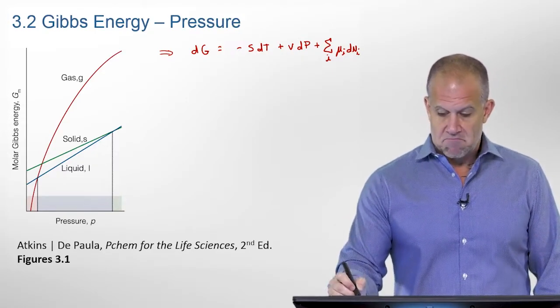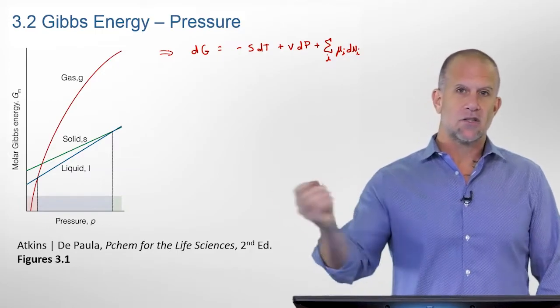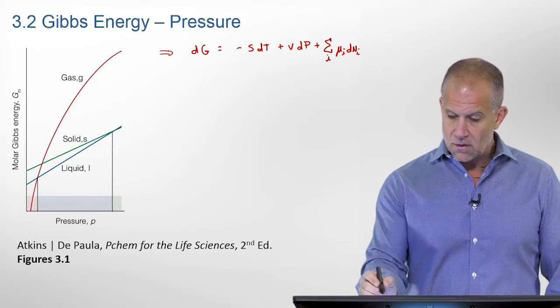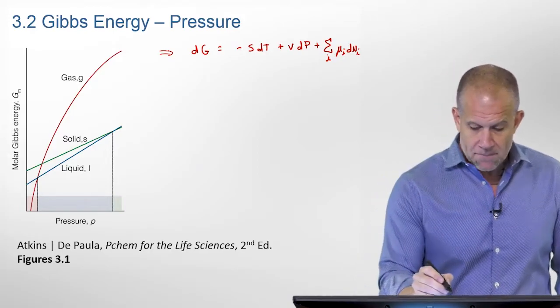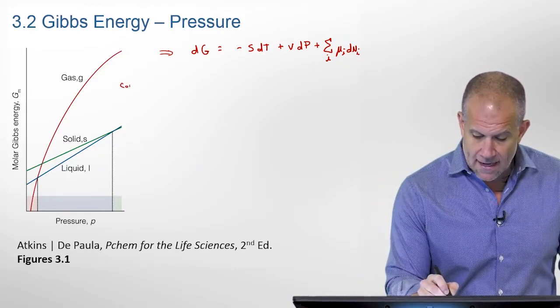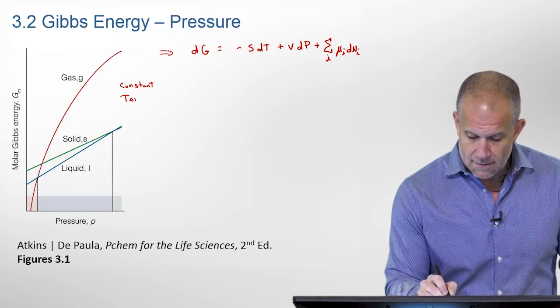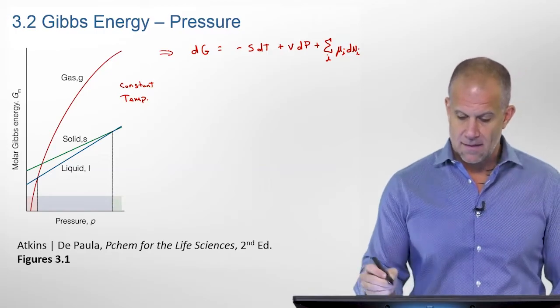So if we have a fixed number of moles, we're not changing the amount of material, we're changing the phase of something. We're looking at it as a function of pressure. And what's implied here is that this is at constant temperature, right?